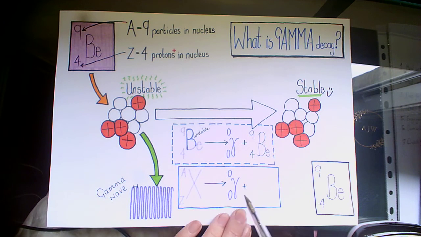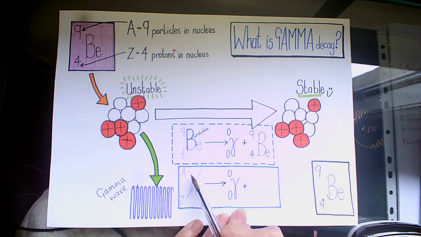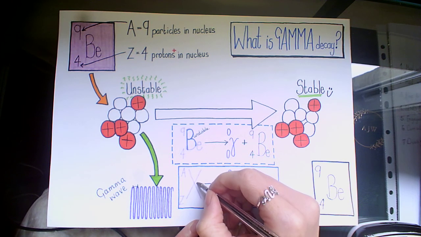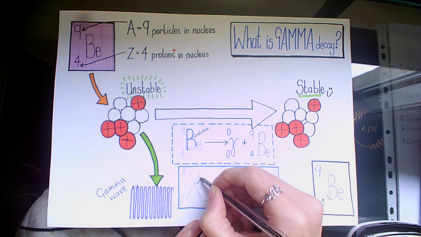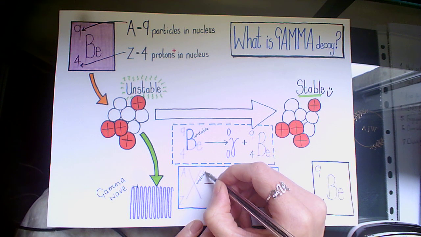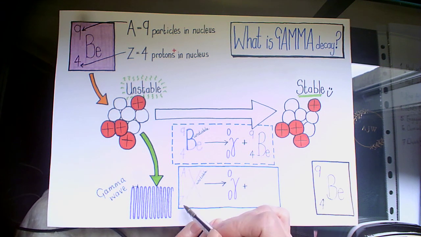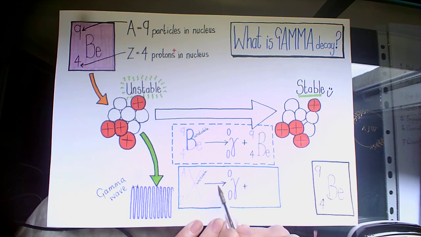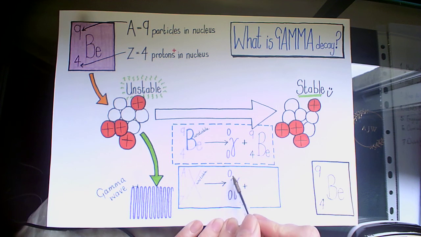So when we drop down here onto the general equation, we always have the X to represent the unstable atom, or the unstable nucleus, with A for mass number and Z for atomic number. We kick out, or we emit, the gamma wave with no mass and no charge, because it's a wave, it doesn't have those types of properties.